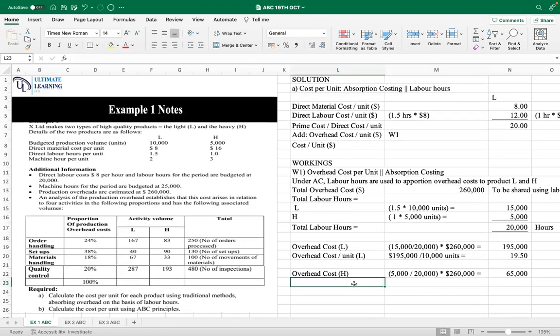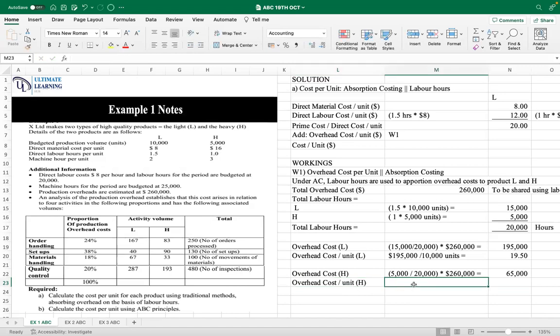What about the overhead cost per unit of H?